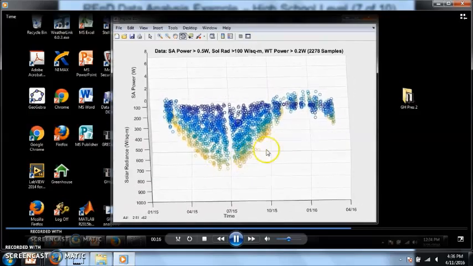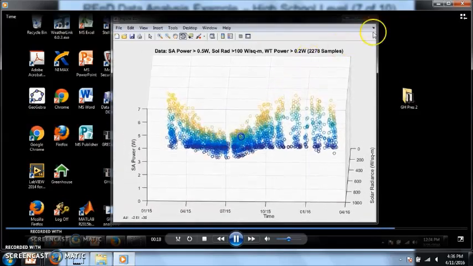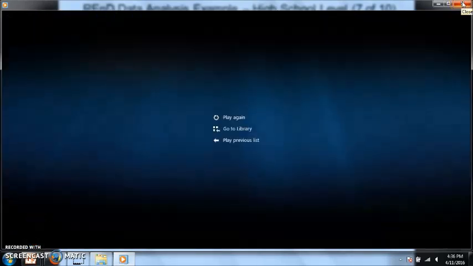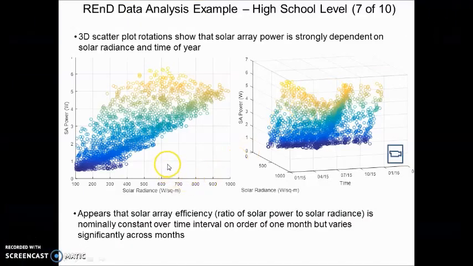If you also notice, as the data is rotating, it appears that in a limited time period we have a linear relationship with the solar radiance. So that would say that is an indicator of the solar array efficiency being a constant over a short time period, but varying significantly over the course of the year that we were looking at.